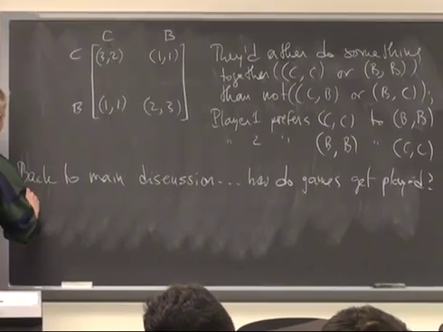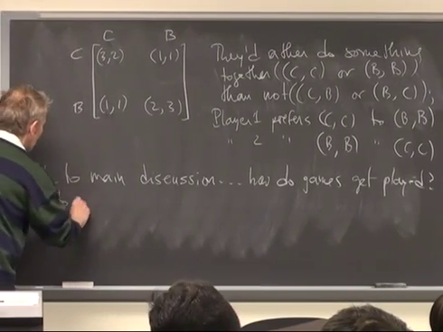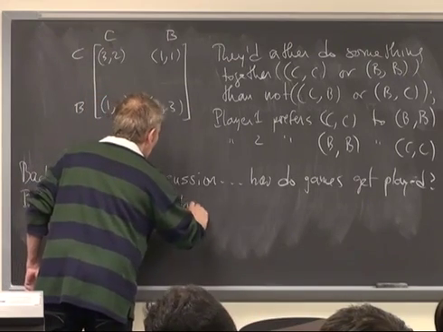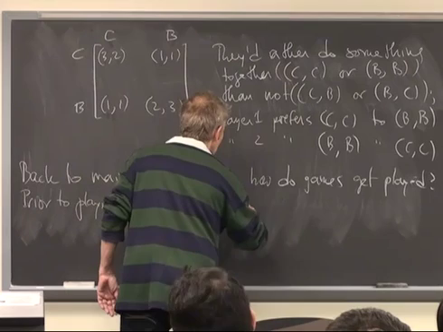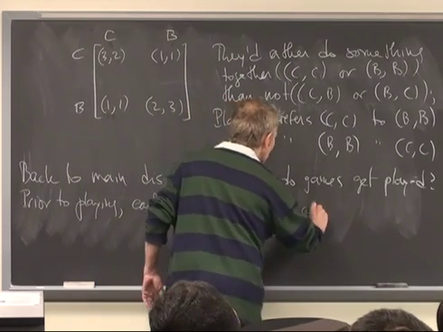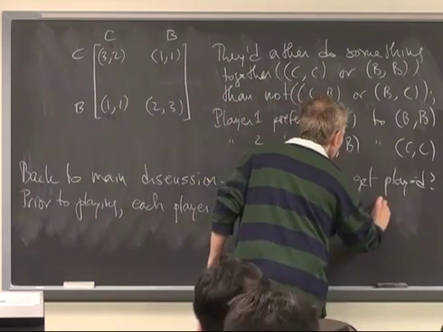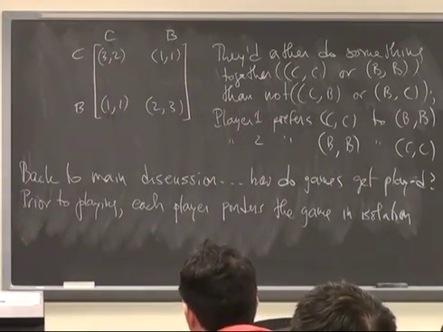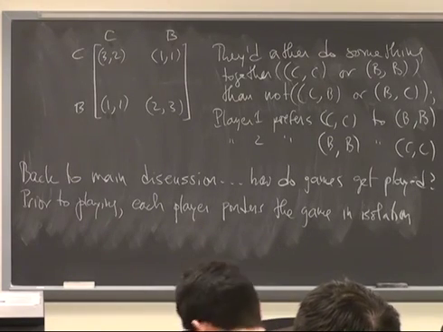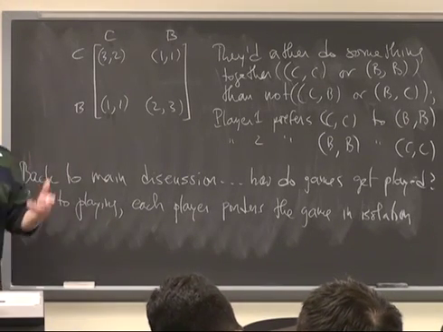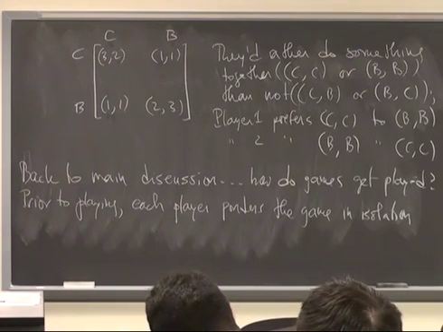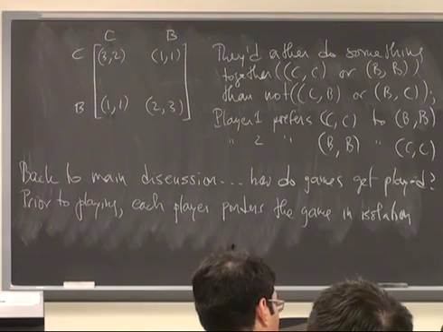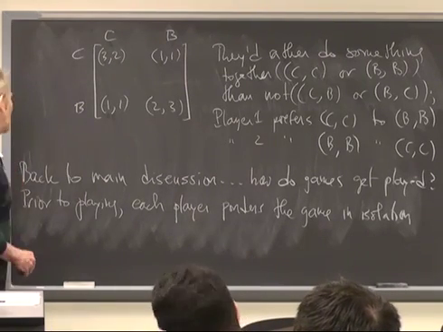Prior to playing, each player ponders the game in isolation, without talking with any of the other players. They go off into a room by themselves and they stare at this game. And if they're like me, they're very cautious, and if they're like Max, they don't even really think about it. So prior to playing, each player ponders the game in isolation and comes up with a plan.